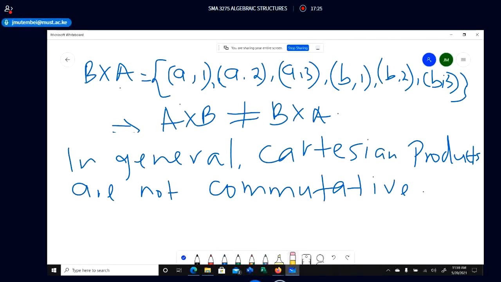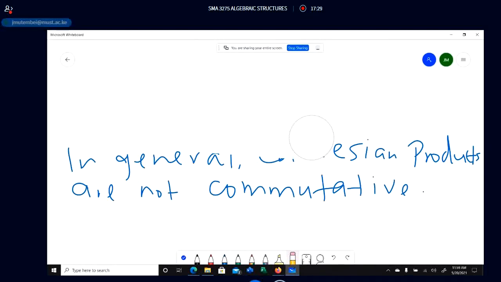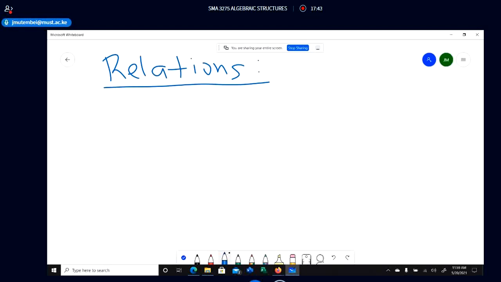So I want to say something about relations here, but this time with reference to sets or with reference to mathematics. Relations. In as far as families are concerned, a relation is a tie between some two people, just the same as the word suggests.